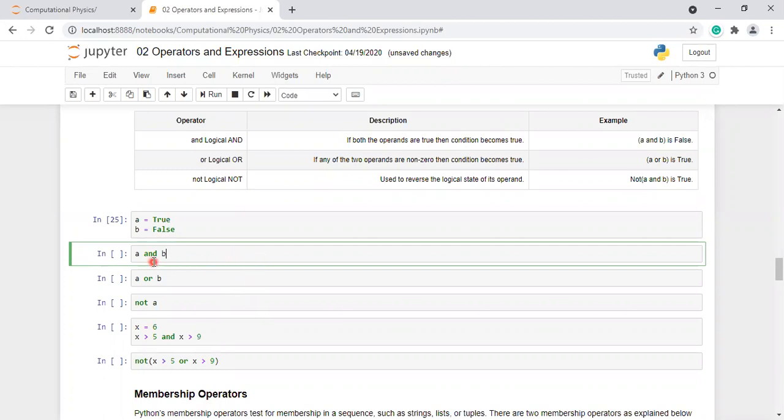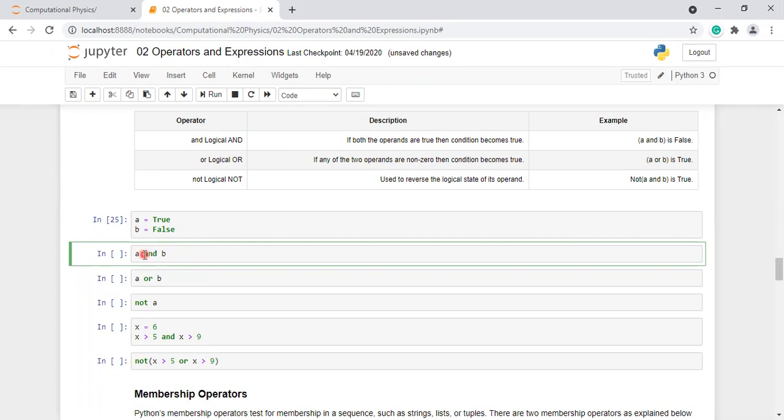So this is the Boolean and operator, not a logical and operator. A is true, B is false. For A and B with the and operator, what will be the output? True and false gives false.